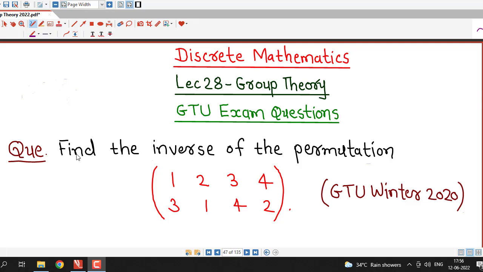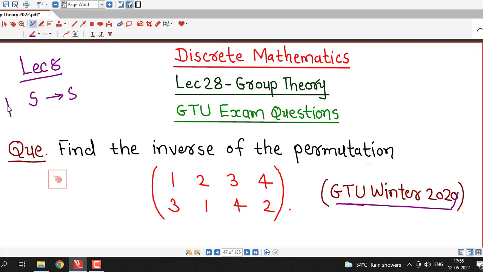In this lecture we are going to discuss this question about inverse of permutation, and this question was asked in GTU Winter 2020 exam. If you remember, we have discussed about permutations in lecture number 8. A permutation on a set S is a function from set S to itself denoted by small p, and this function is 1 and onto.